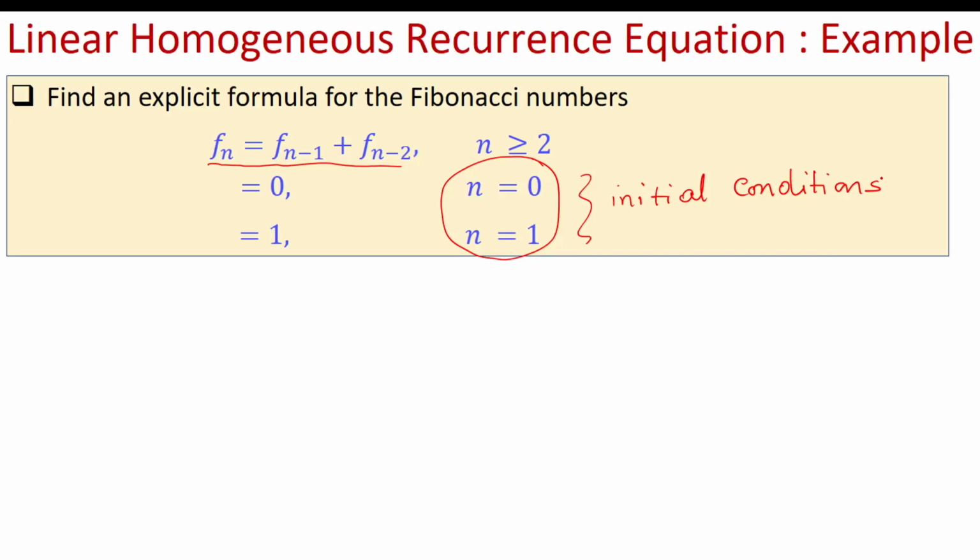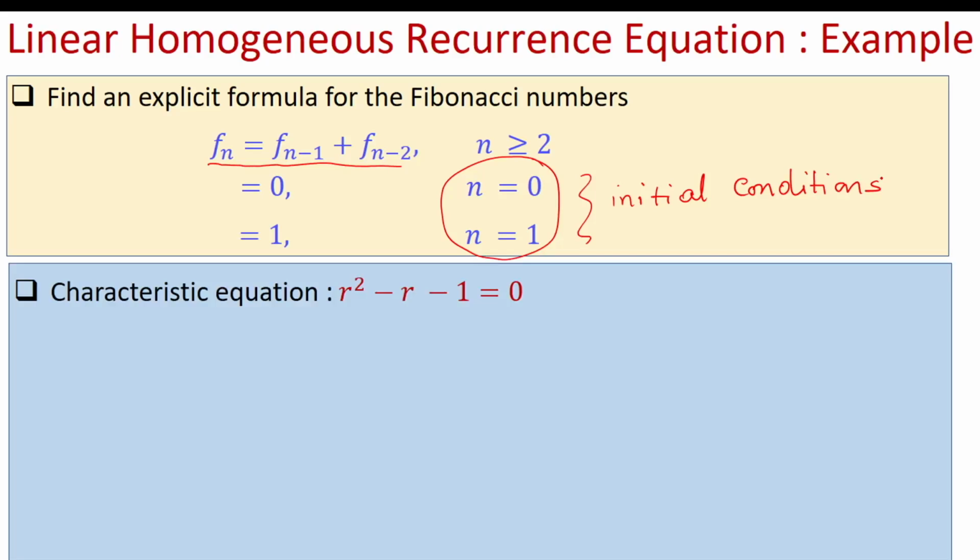So the first step will be to find the characteristic equation. Here your c1 is 1, and c2 is also 1. So that's why our characteristic equation will be of this form.